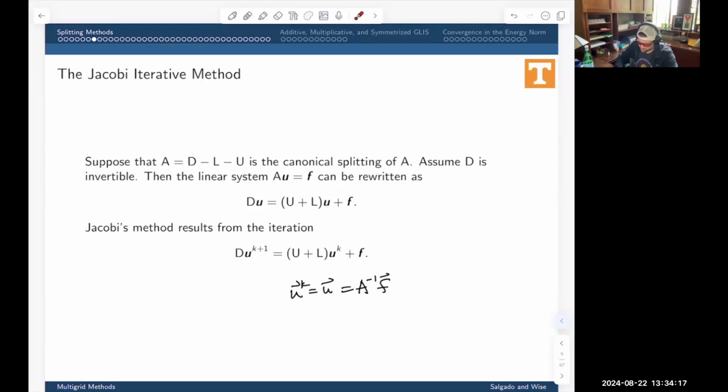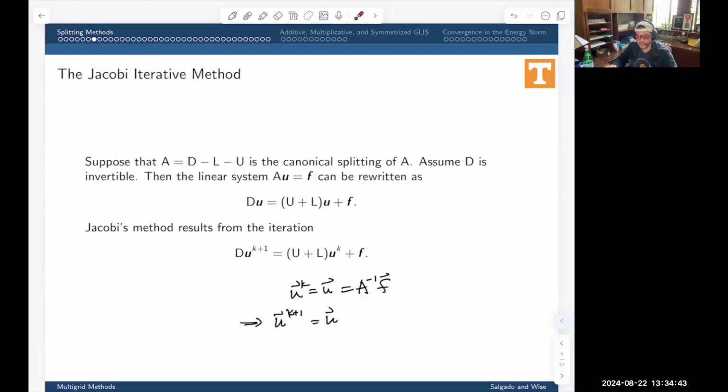But this says for the true solution, what you get on the left-hand side is D times U. This iteration process is saying, oh no, you don't get DU, you get D UK plus one. But D is invertible. So that means that actually UK plus one must be equal to the true solution. So the true solution is a fixed point for this iteration process.